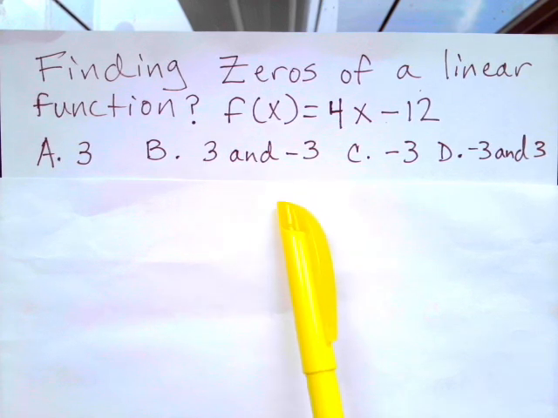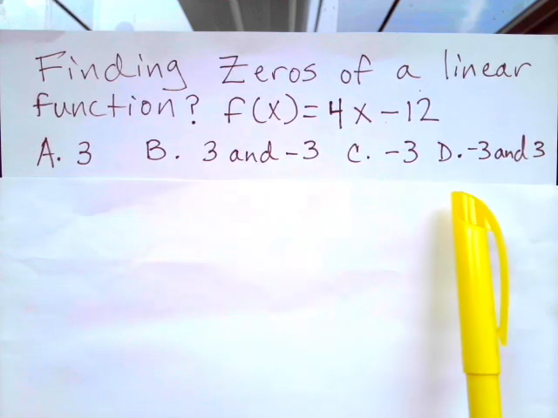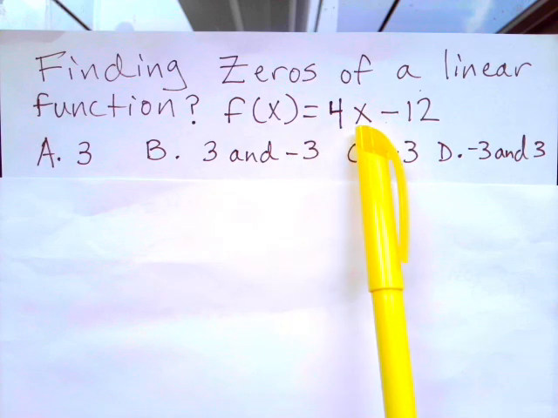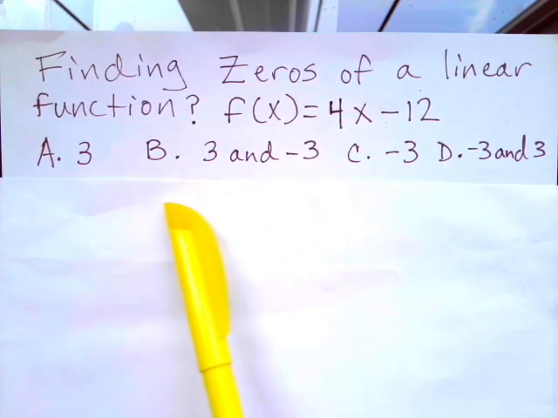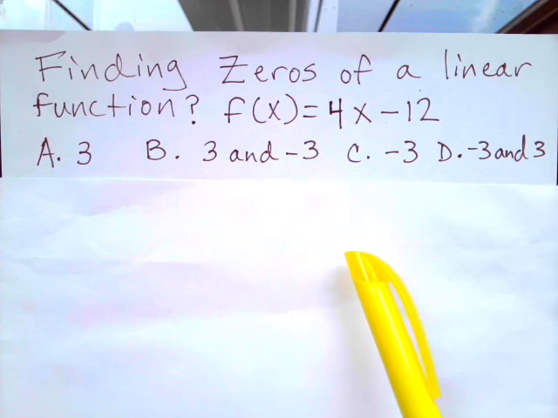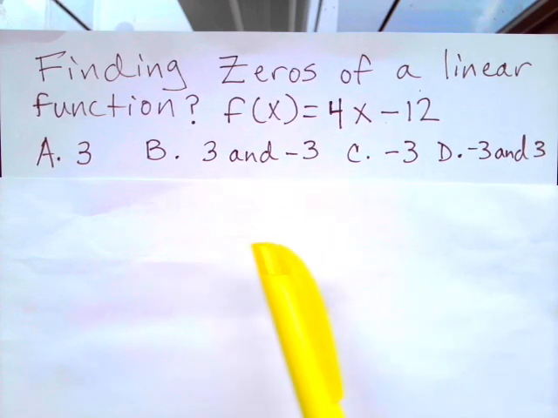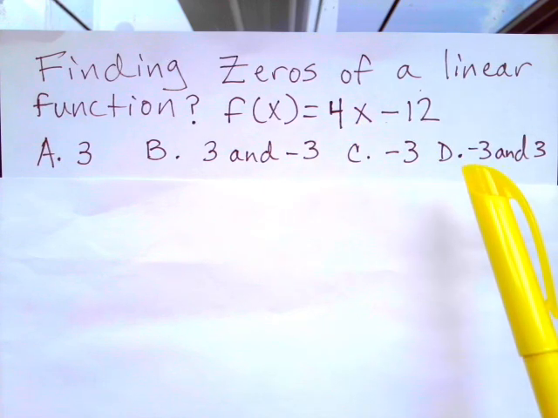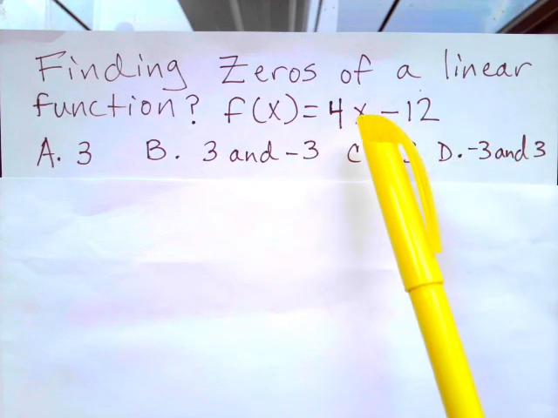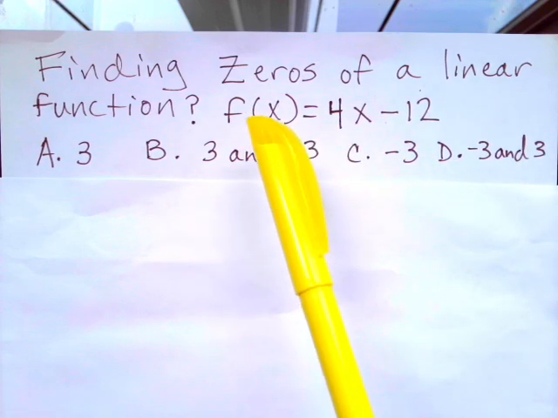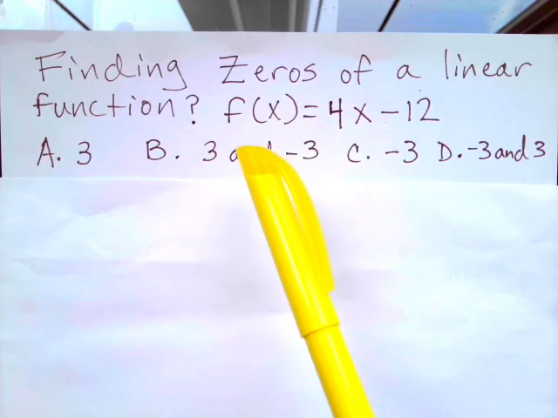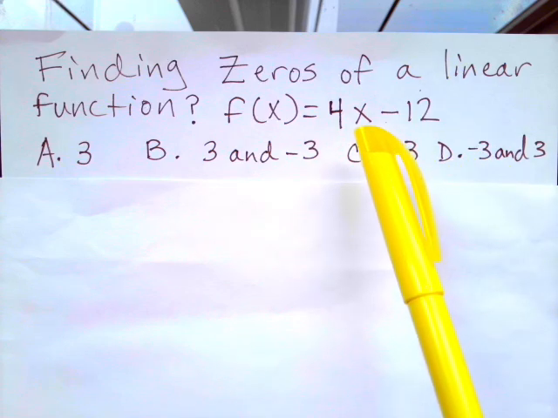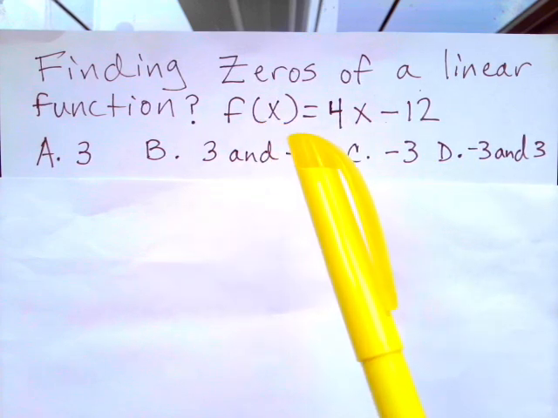There's two ways that we can find our answers, A, B, C, and D. One is we can set f of x equal to 0 and solve for x. That'll give us the answer, A, B, C, or D. The other option that we could take is one at a time, substitute these values for x, and whichever statement is true, set f of x equal to 0, and whichever option is true, you will see as a solution.